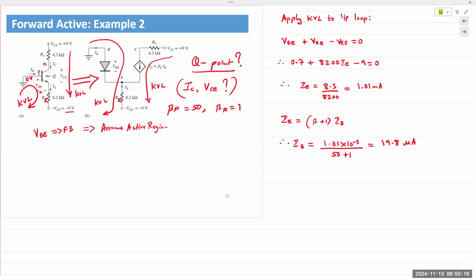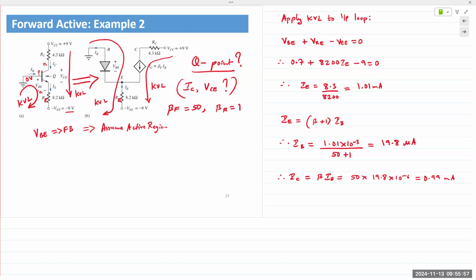And then from there, I can find IC. IC is beta IB. So that comes out to be 0.99 milliamps. So you found one value, one more to go.